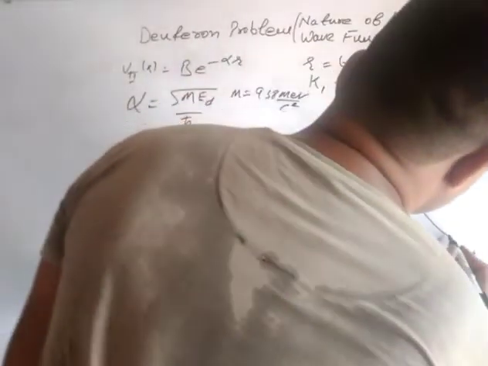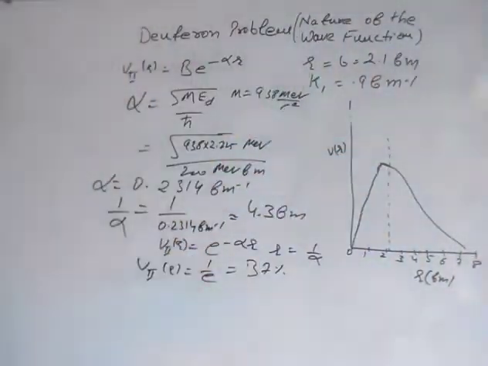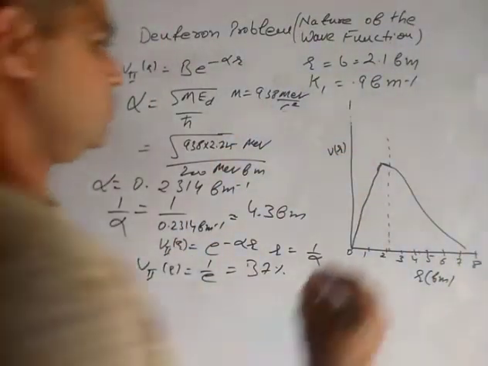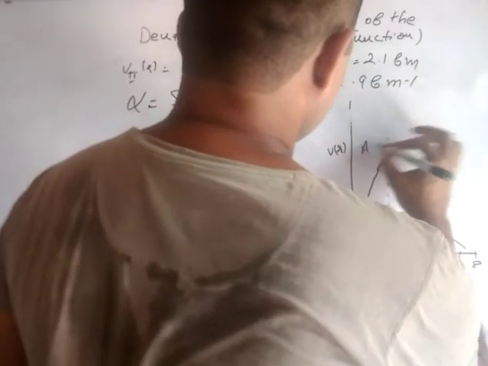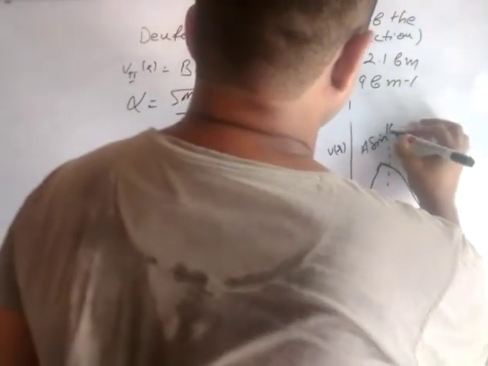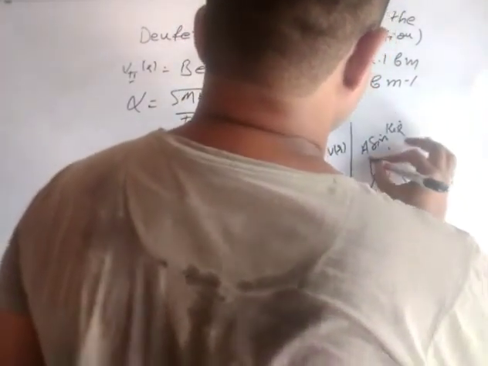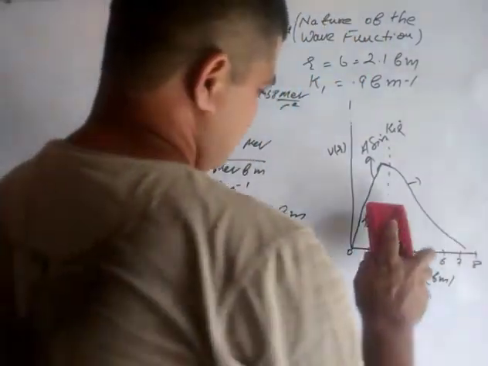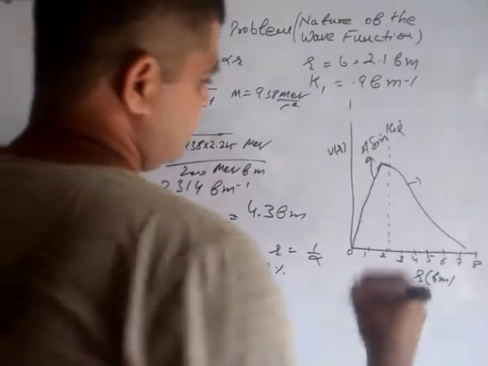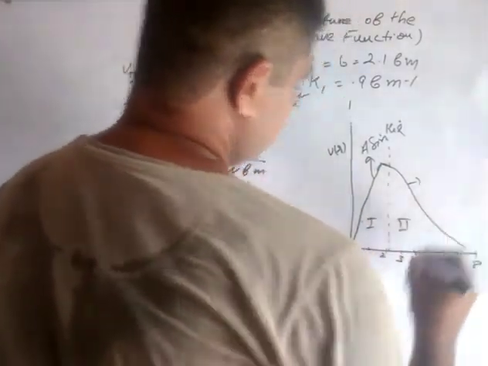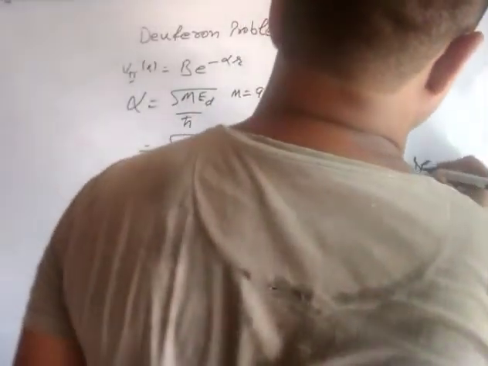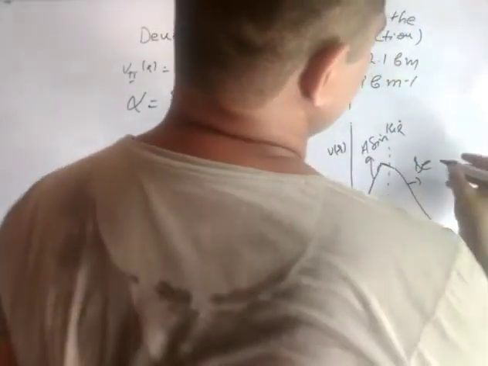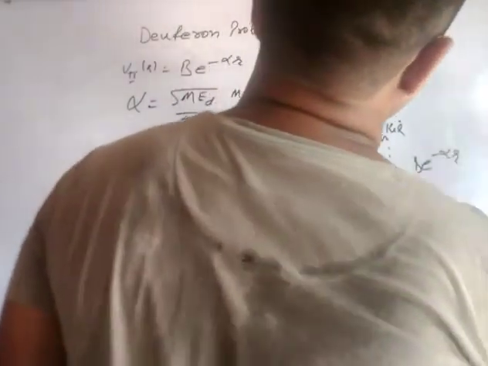So what information do you get from this nature of the wave function in region 1 and region 2? In region 1 you have sine k1r, and in region 2 your wave function is B e to the power minus alpha r.